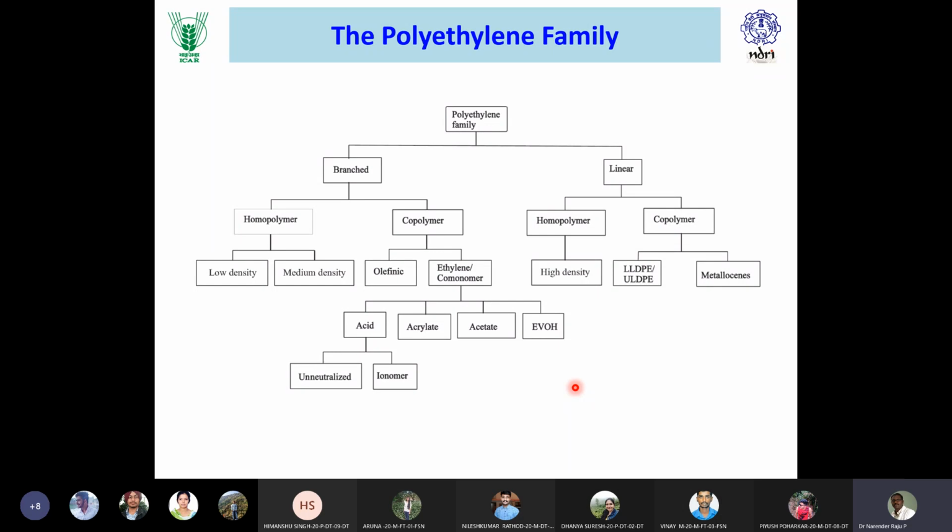So we know that glass and metal packaging materials have exceptionally high gas barrier property, right? So to simulate that, ethylene vinyl alcohol has come as an alternative, and hence it is of great interest wherever you want a high barrier performance.